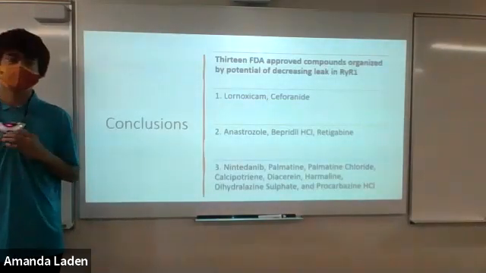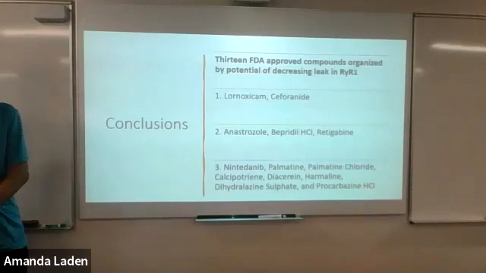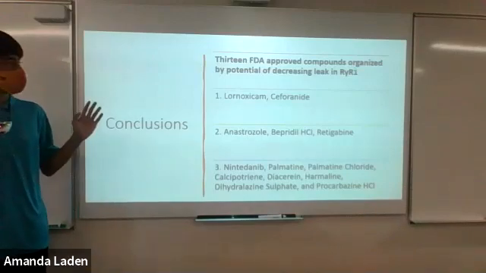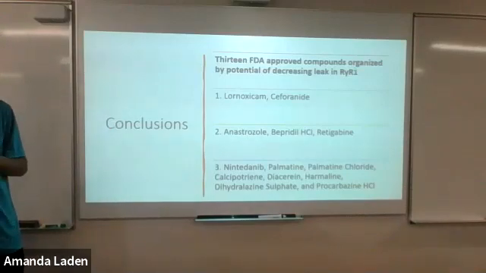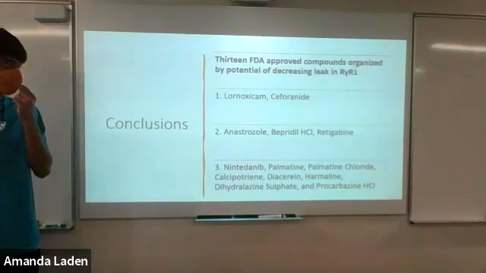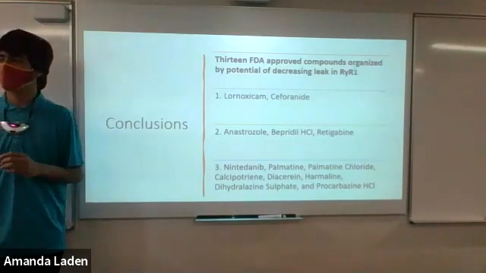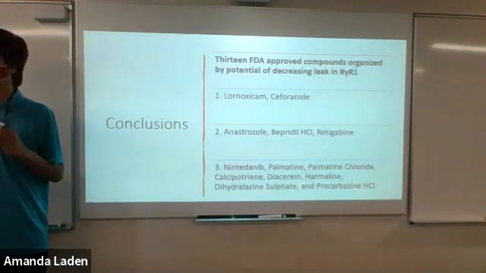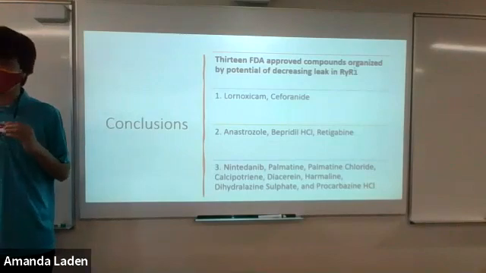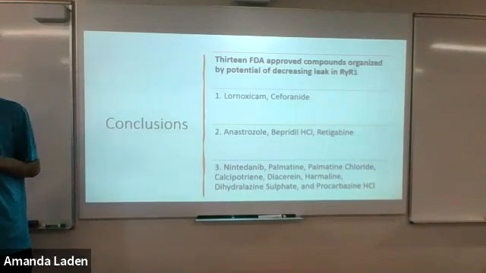Now I'll discuss the conclusions of these results. As we can see here, there were 13 FDA-approved compounds organized by potential of decreasing leak in ryanodine receptor 1. In the first list are the compounds that in the assays only statistically significantly decreased the channel activity.